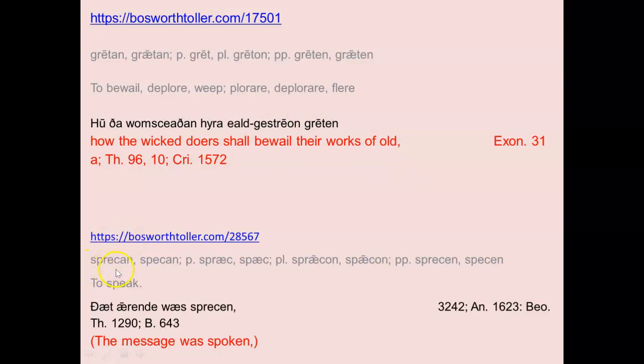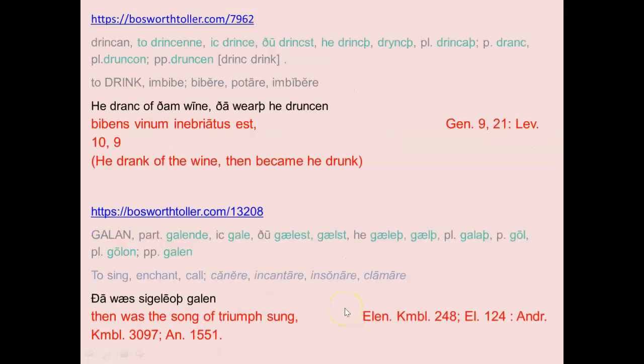Next example, sparekan. Some of these are obvious and you'd want to check them, like to speak. That's a verb you'd want to check, isn't it? Its past participle form is spareken, to speak. That arende was spareken: the message was spoken. Drinken, and its past participle form is drunken, to drink, imbibe.